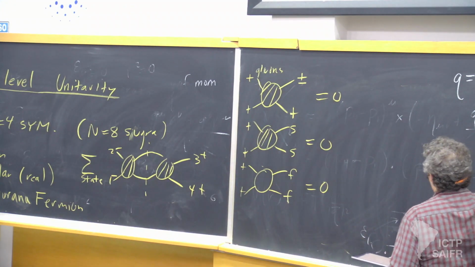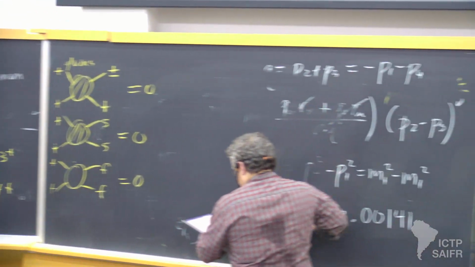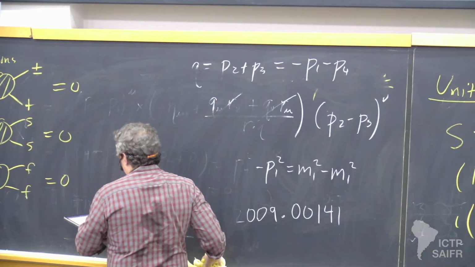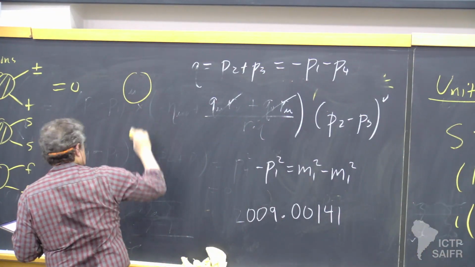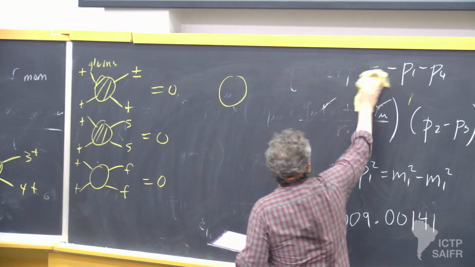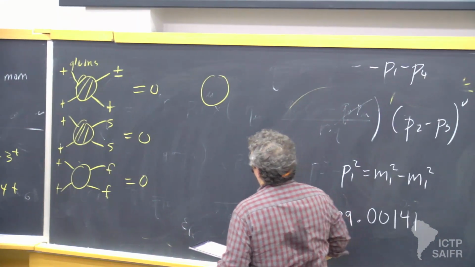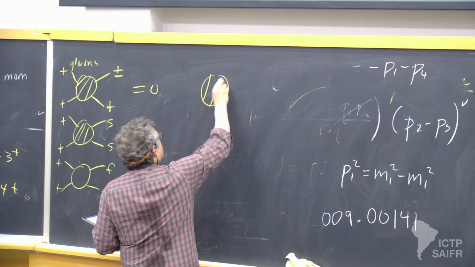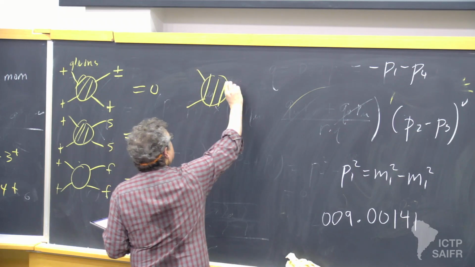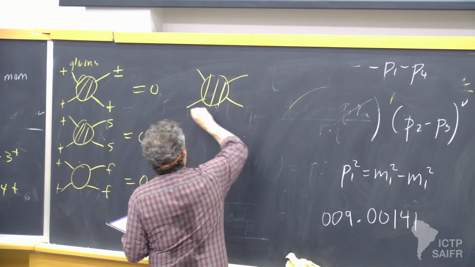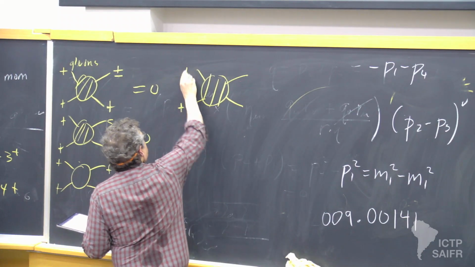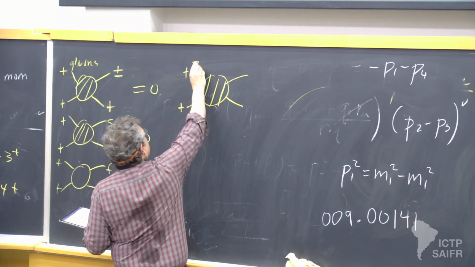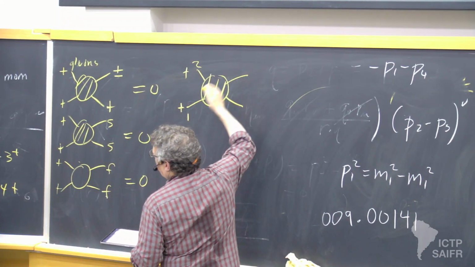And then Yaroslav also wrote down Park-Taylor. He said, for example, plus, now we should put some labels. 1, 2, I don't know what labels I should use.